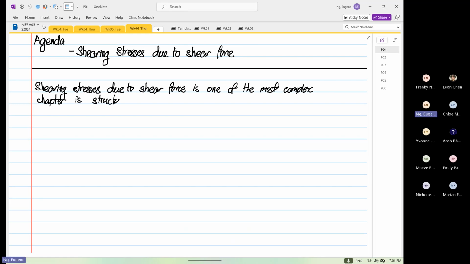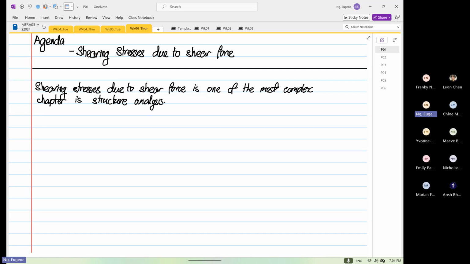It's very difficult, not an easy topic. What makes it easy is I have come up with a technique, a set of rules that you have to obey to solve problems due to shear force, and I hope you would find it easy.